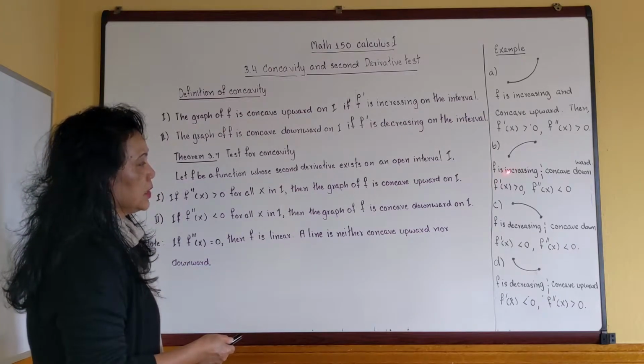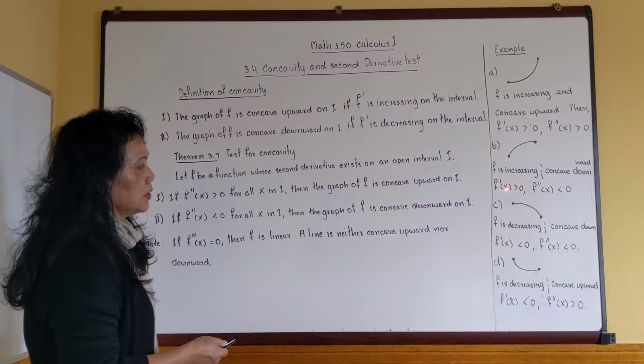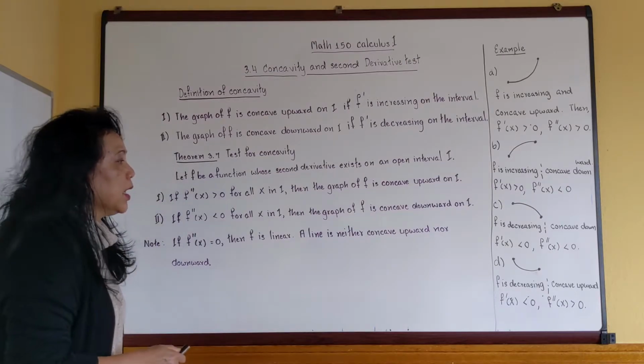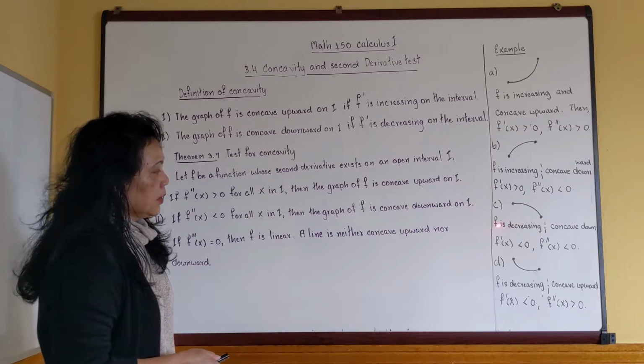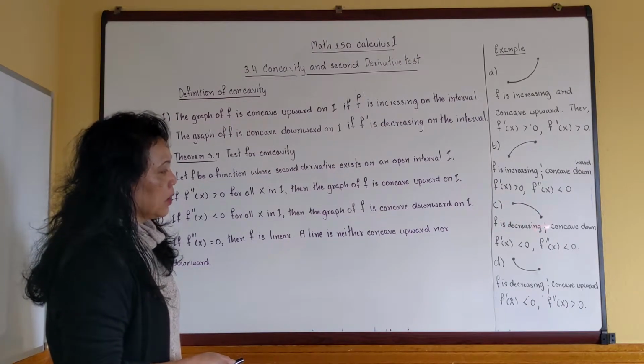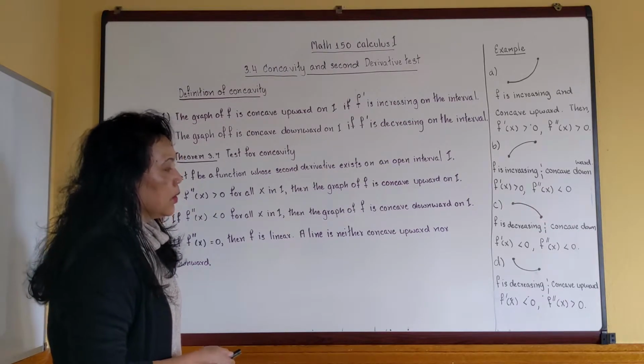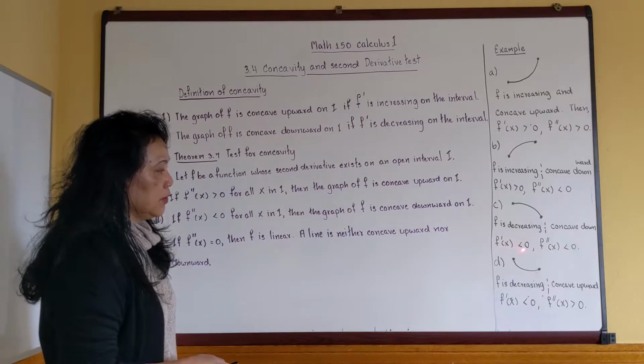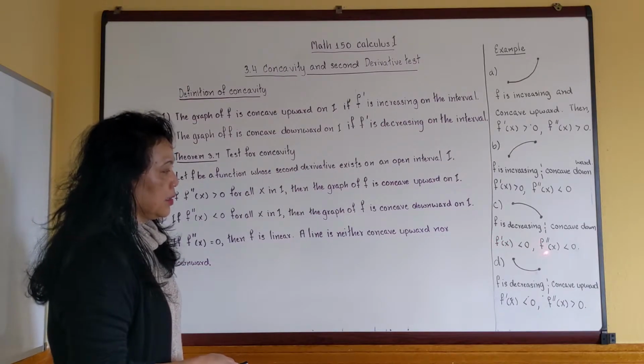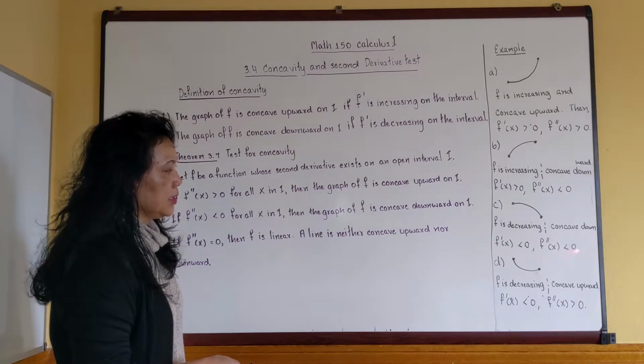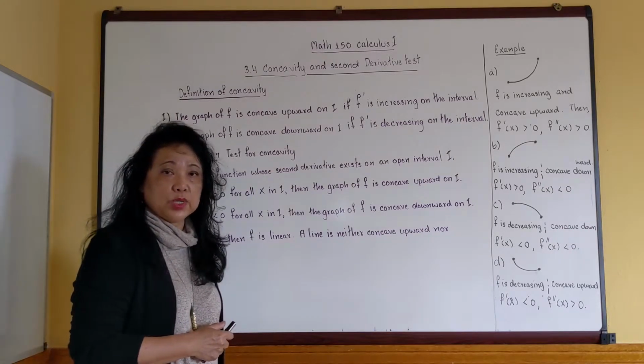Because f is increasing, we know the first derivative should be greater than 0 and the second derivative should be less than 0 because it's concave downward. The third one, the graph is decreasing and concave downward. Because the graph is decreasing, the first derivative will be less than 0 and the second derivative will be less than 0 because it's concave downward.